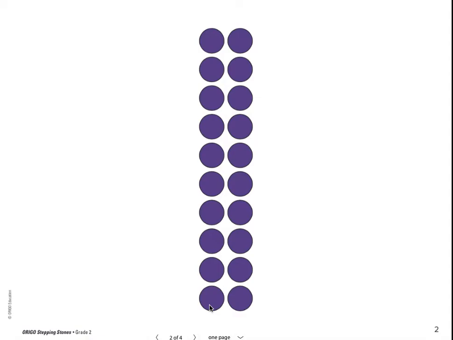So, how can we figure out how many dots are in total? We can count our columns, right? 10 and 10 is 20. 2 columns of 10 equal 20 dots total.